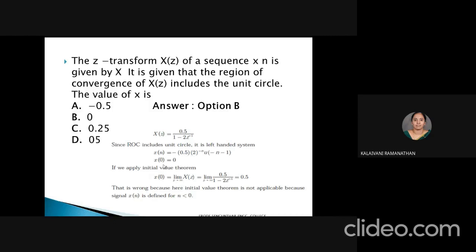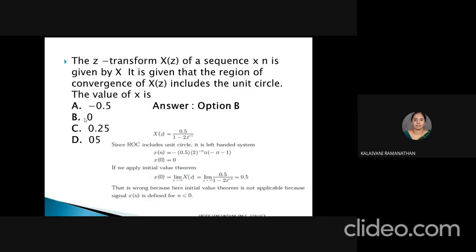In this case, your x of 0 is equivalent to 0. If you apply the initial value theorem, then your x of 0 is equivalent to 0.5 by applying the limit z tending to infinity of X of z. So it is equivalent to 0.5. These two are not matching. That is wrong because here the initial value theorem is not applicable, because the signal x of n is defined for n less than 0.